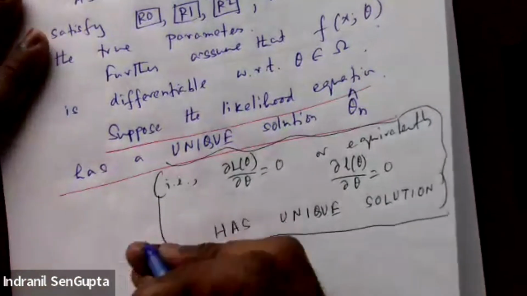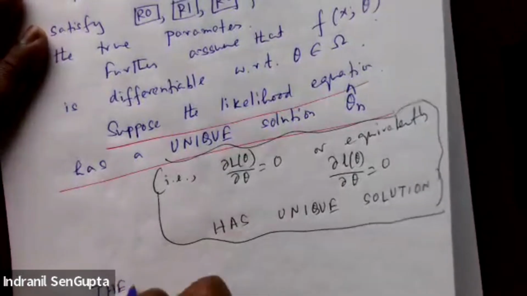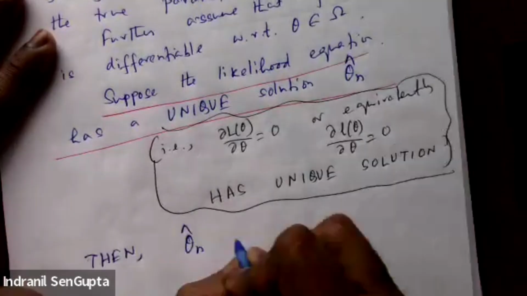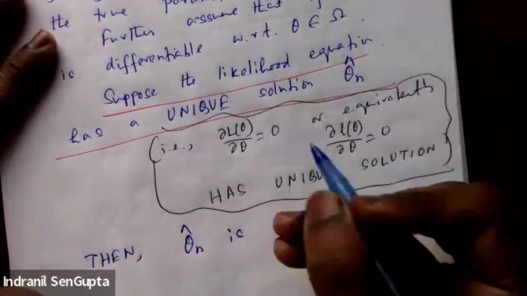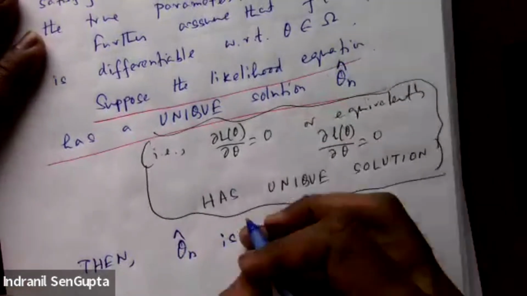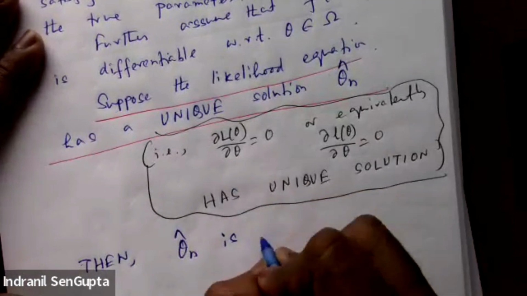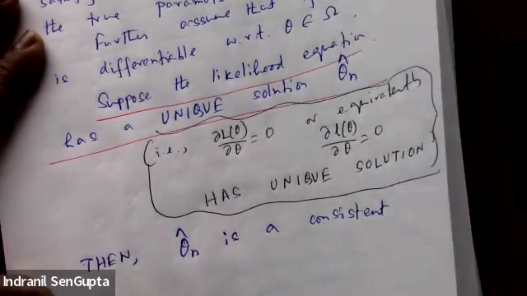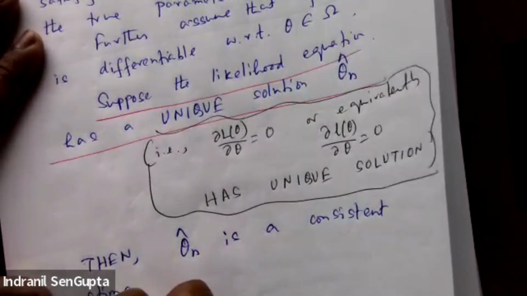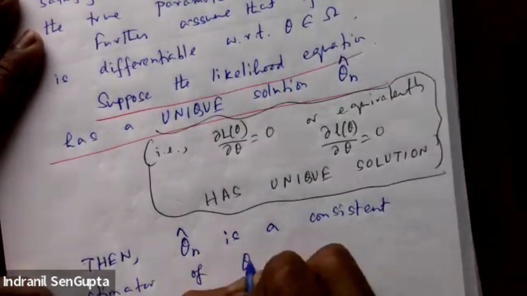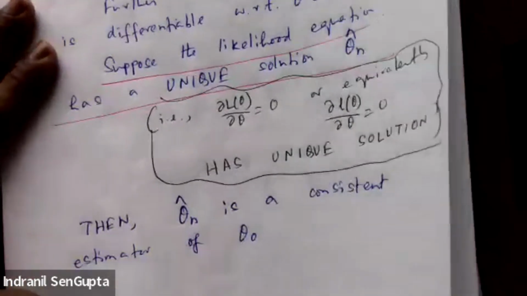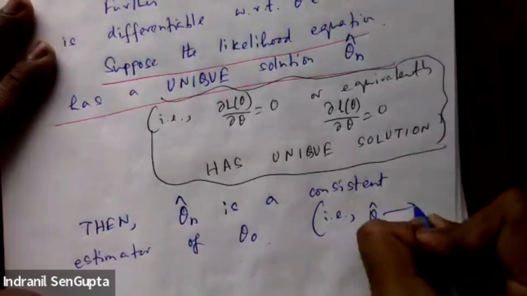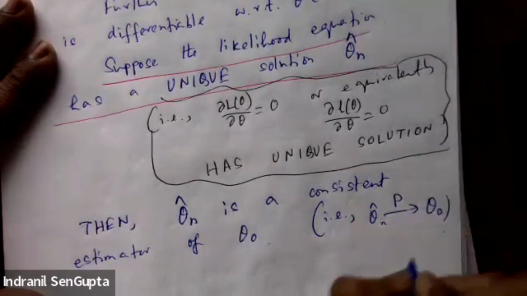Then the conclusion is that theta n hat, the solution we call theta n hat, is a consistent estimator of theta 0. And what is the meaning of consistent estimator? We have done it before. That is, theta n hat goes in probability to theta 0.